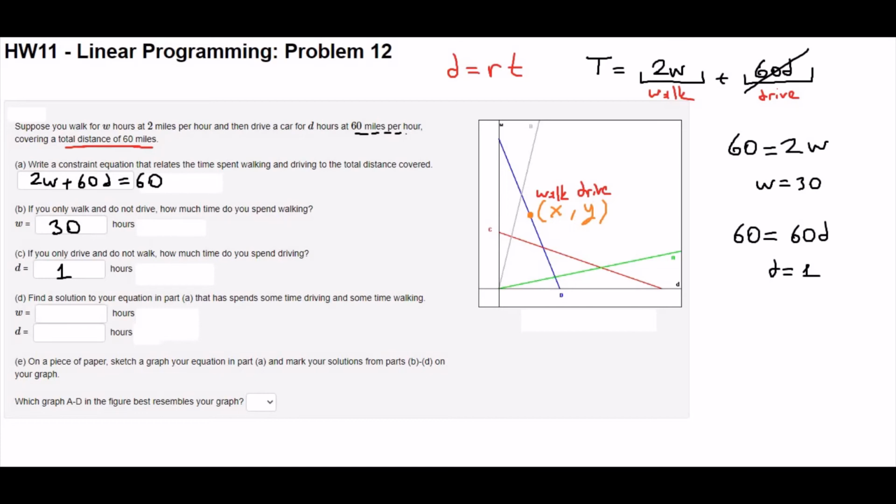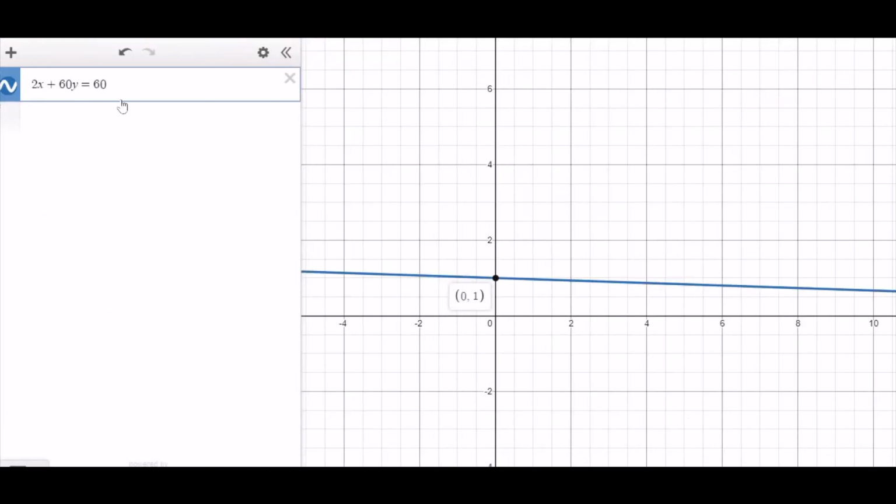Let's use our graphing utility and graph it. So 2x plus 60y equals 60 is the graph of the scenario. So you need to pick a point. Any point you pick on this line is correct. (2.99, 0.9) is correct.